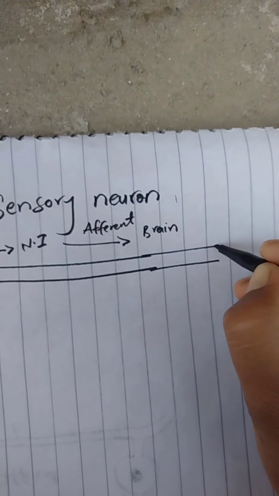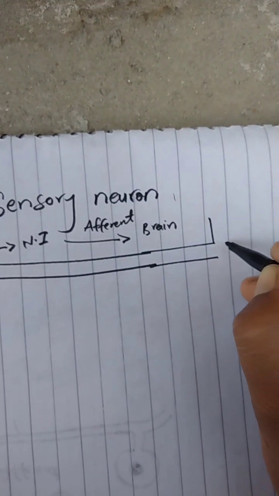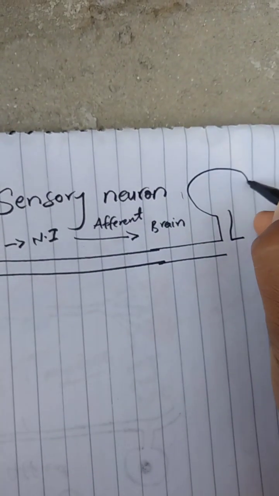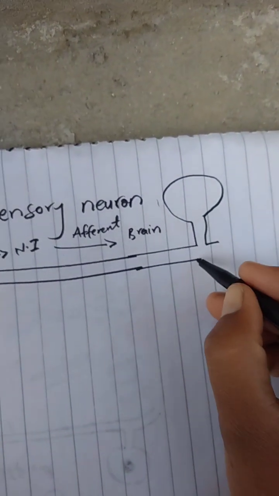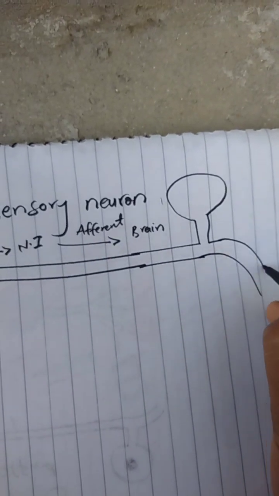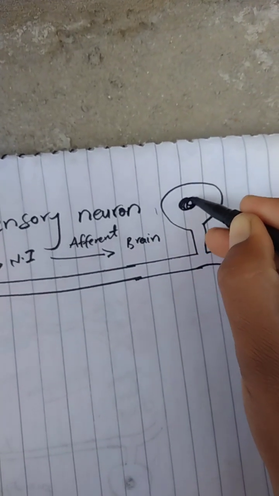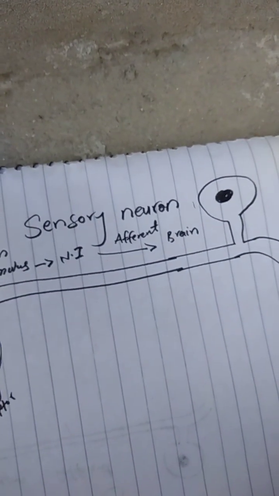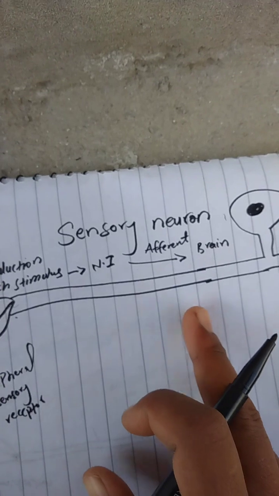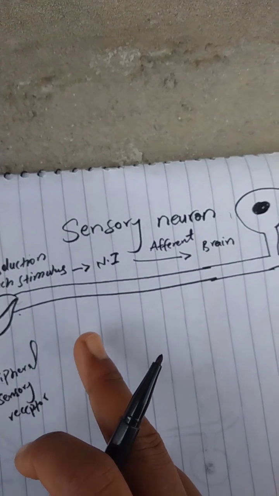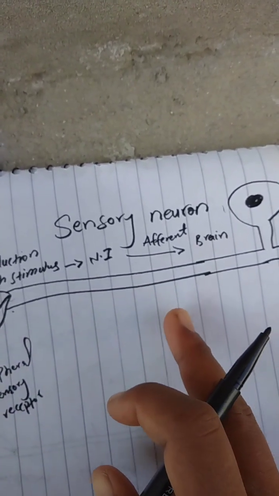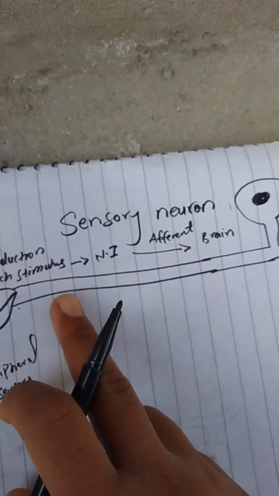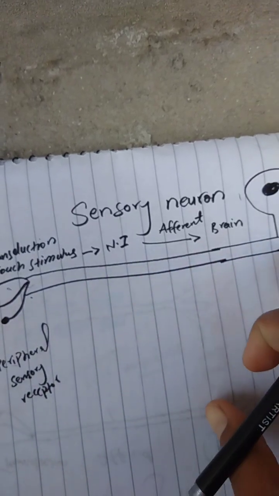So the cell body in a sensory neuron has a short side chain. The nucleus is here. Dendrites carry nerve impulses toward the cell body. So this is the dendrites.